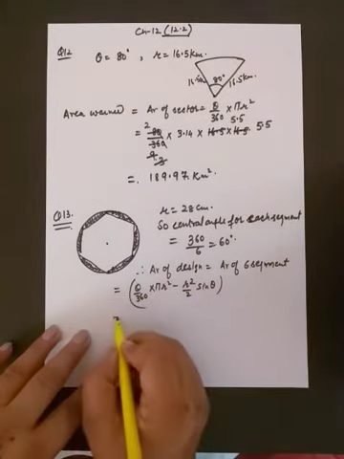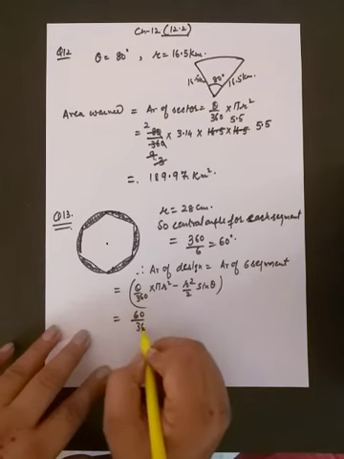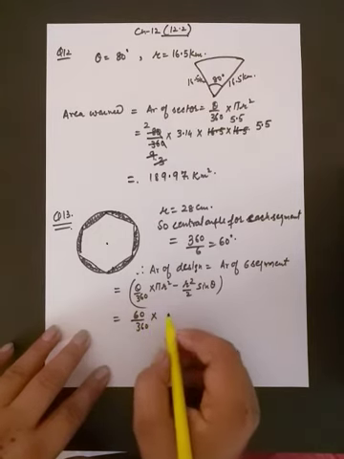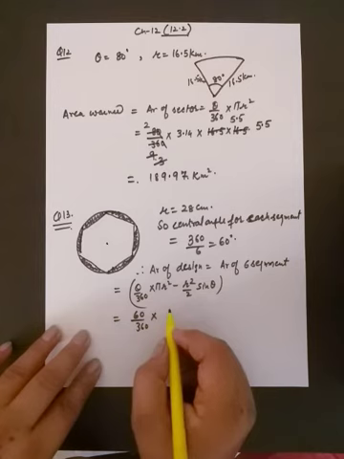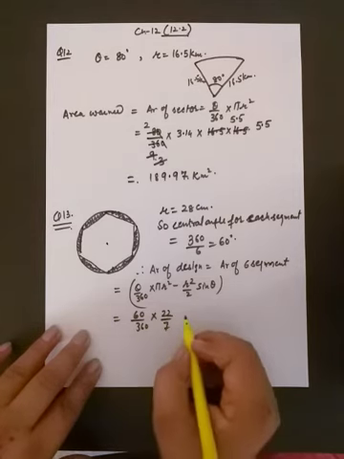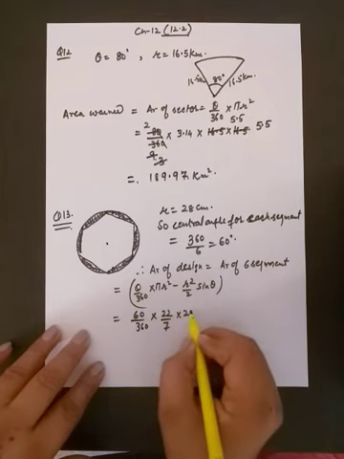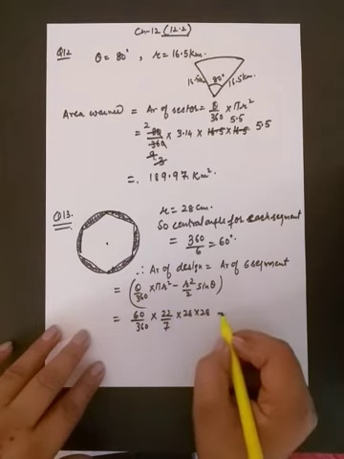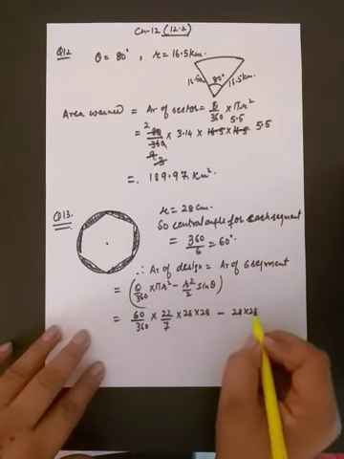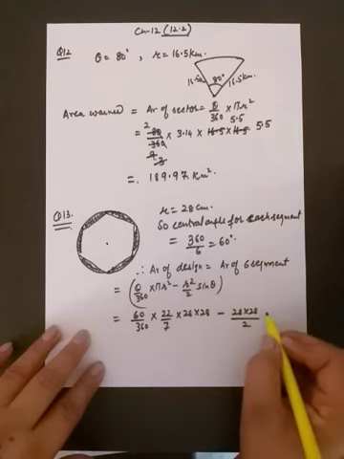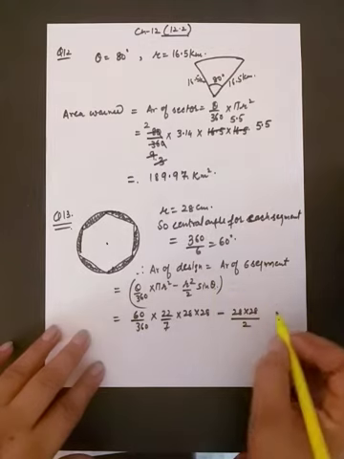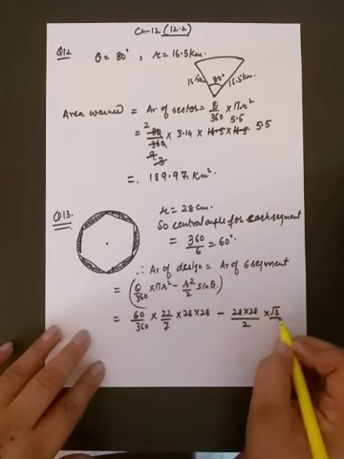So we can put the value 60 upon 360 into pi is not given, so we will take it as 22 by 7 into 28 into 28 minus 28 into 28 by 2 and sin theta, theta is 60, so it will be root 3 by 2.